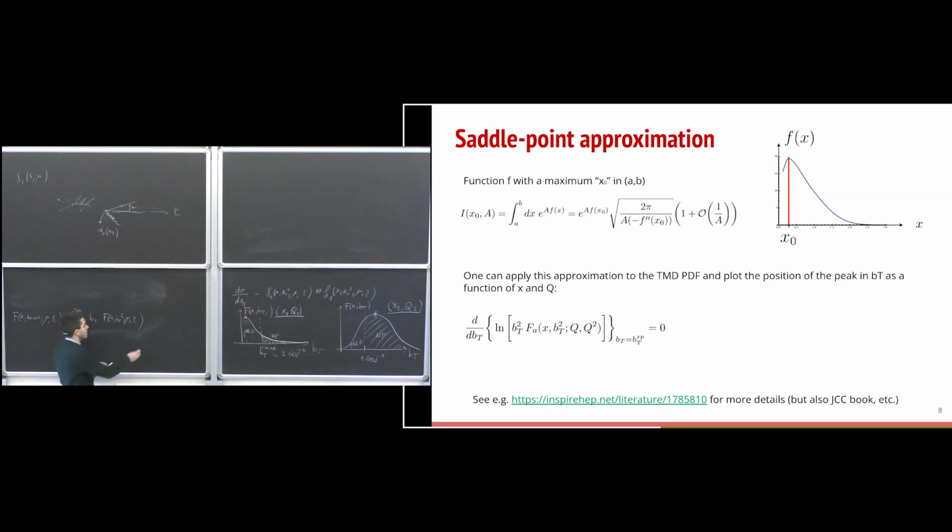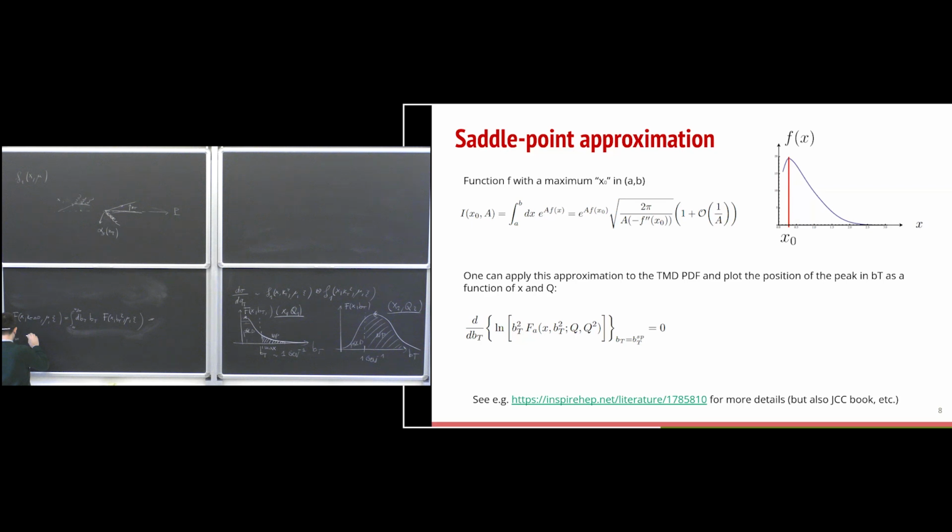Okay, so let's go. Let me finish 1 second here. We said that in order to apply this Laplace approximation of the integral, you want to go to an integral representation where you integrate from minus infinity to plus infinity rather than from 0 to plus infinity. One way to do it is to change variable in the integration from bt to the log of bt squared. Please tell me if I did something wrong, okay?